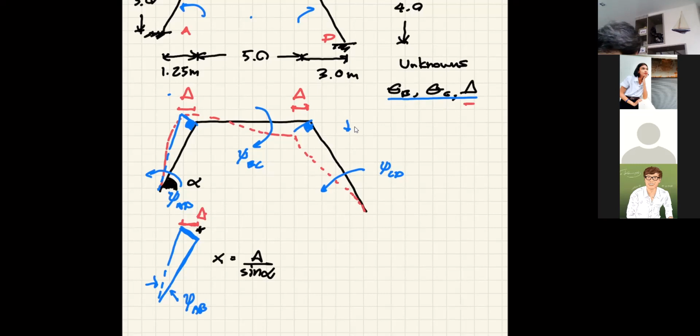Because if that's the angle alpha, that is alpha. And you can say that sine alpha is equal to delta over x. And therefore you can write like that.